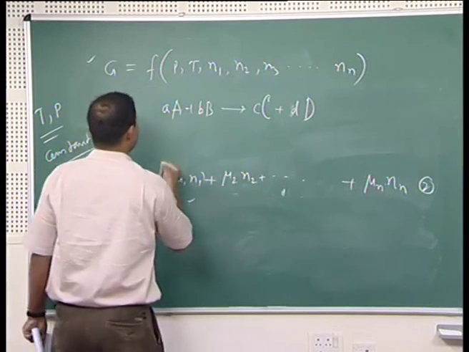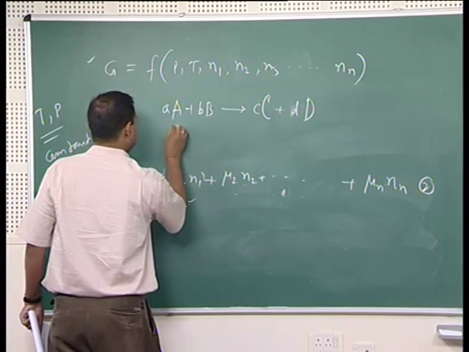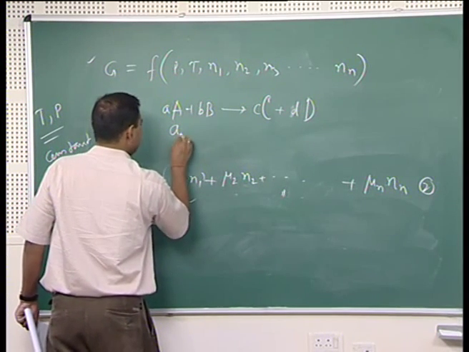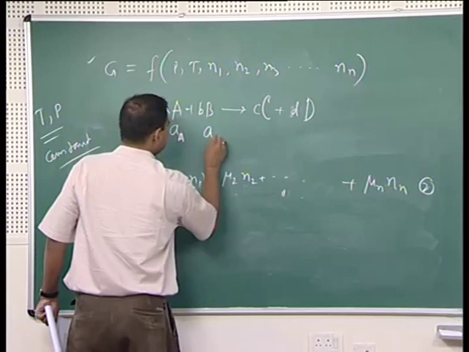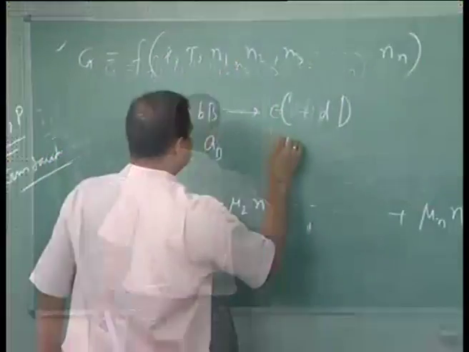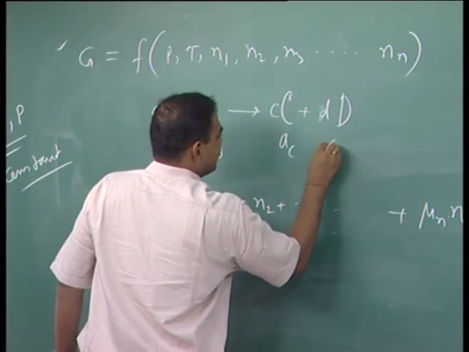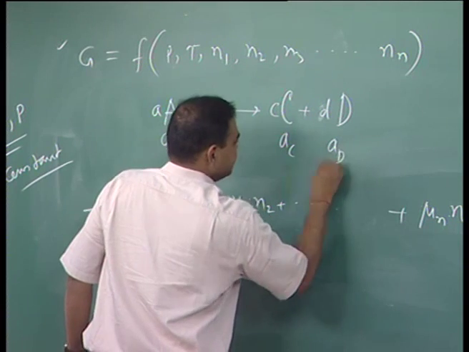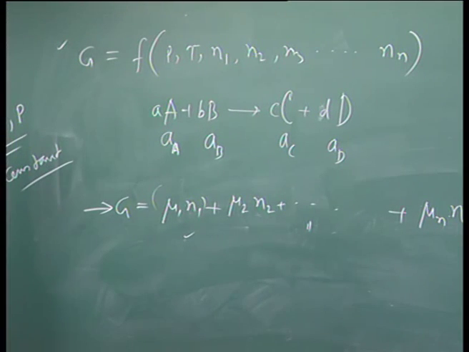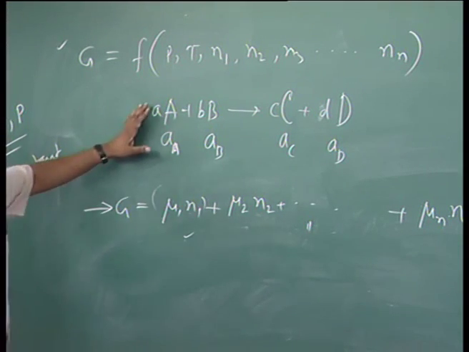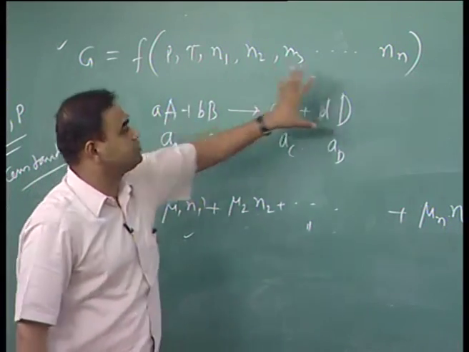And let us say I consider in terms of activity. So, activity of A is a, activity of B is b, activity of C is c, and activity of D is d. Now, let us say I go from this end to this end.